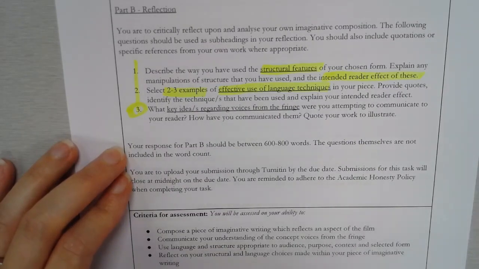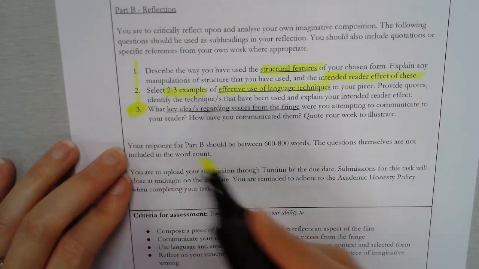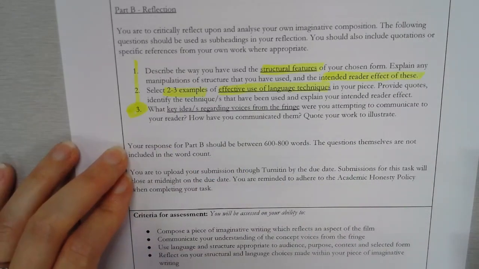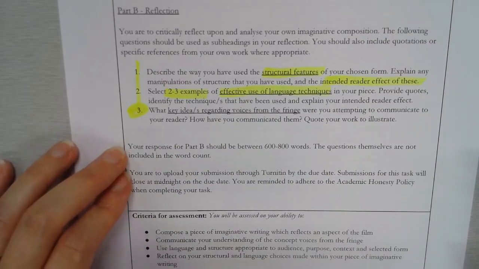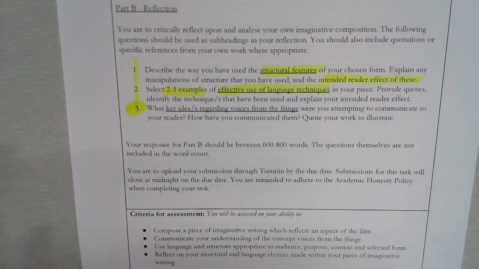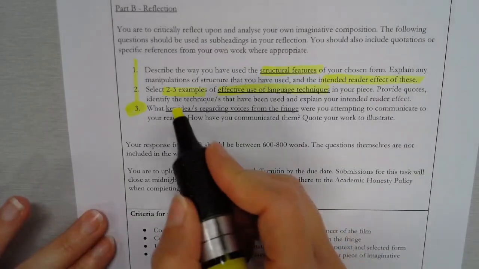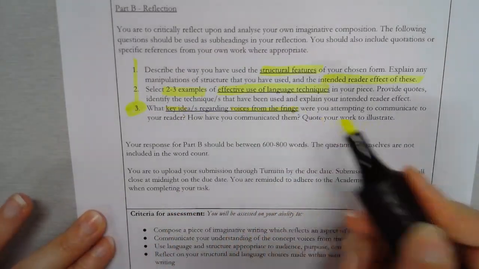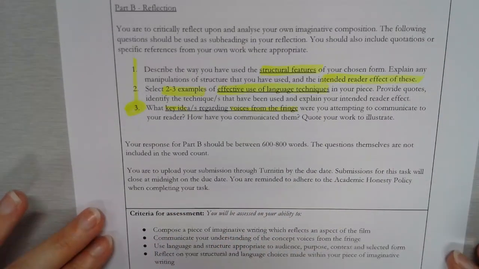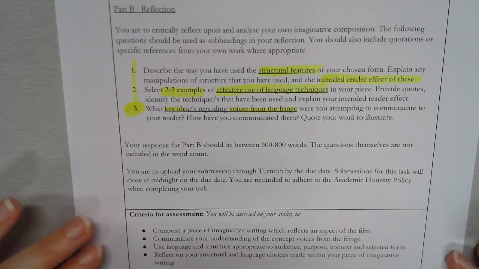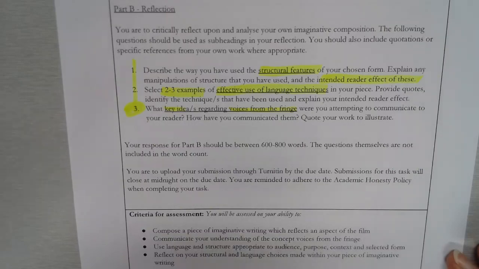So if you feel like perhaps that isn't a really strong element within your story and you're having to really articulate that here, perhaps that's another cue for you to go back to your work and think about how you could really embed that key idea in terms of voices from the fringe, to really articulate that for your marker so that when they're reading your piece, they're able to identify that as well.